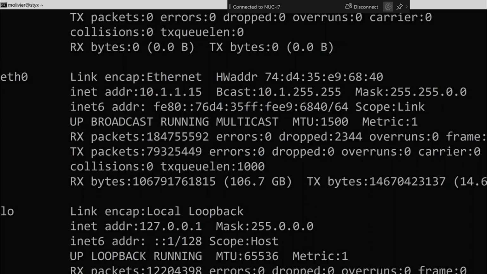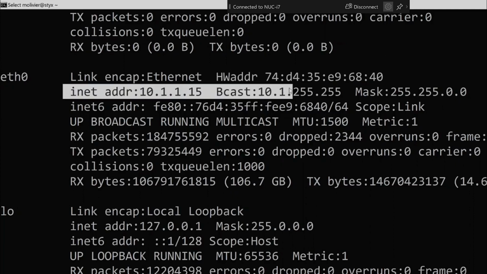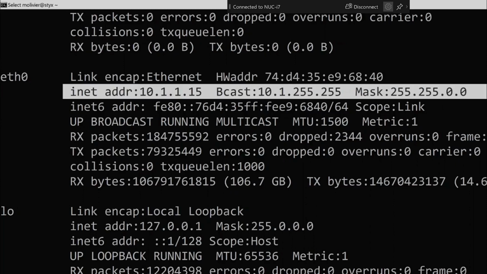The Ethernet 0 interface, if you look at the second line just below the value, then you will see that the IP address of this machine is 10.1.1.15. So again, one of those private addresses that I'm using on my local network. You can see that the broadcast address has been completed as 10.1.255.255. So again, something strange going on there. We'll discuss that in the next video.